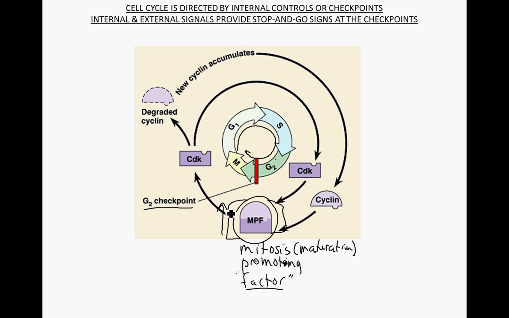So then the search was on: what is this MPF thing? And it turns out that MPF is actually two subcomponents. There is a cyclin component, and then there's a CDK component. This cyclin is another protein, a subcomponent of MPF. And then there's the CDK, another protein that they were referring to as a cyclin-dependent kinase.